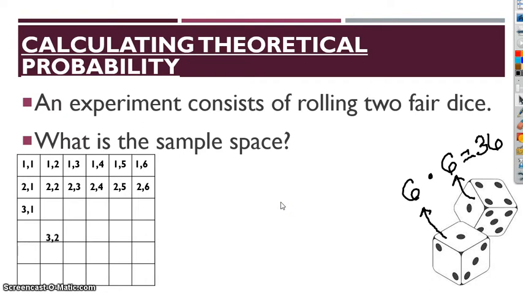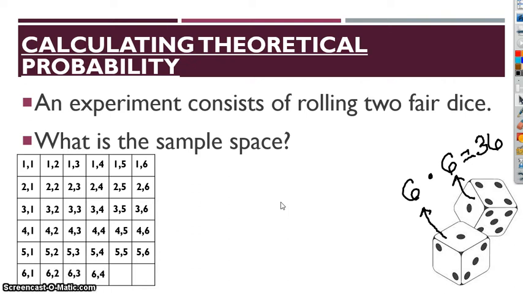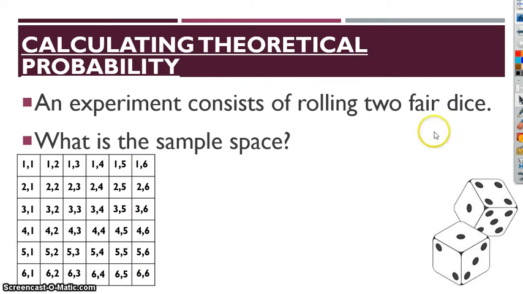Then 3 and 1 through 3 and 6, 4 and 1 through 4 and 6, 5 and 1 through 5 and 6, and 6 and 1 through 6 and 6, which if you think about it, 6 by 6 makes 36. So there are 36 possibilities.